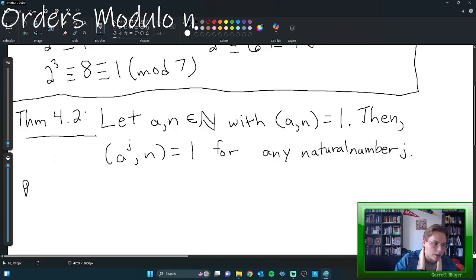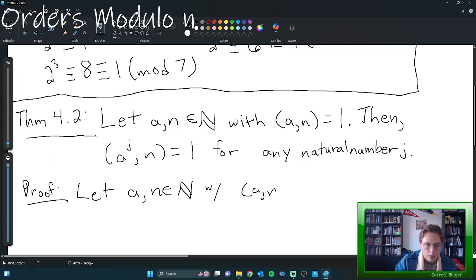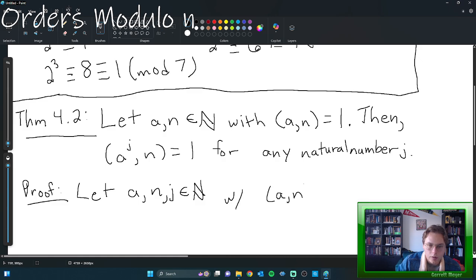Okay, so for our proof of this, we're going to start by letting a and n be natural numbers with GCD of a and n being 1, and we'll define j as well. So a, n, and j are all naturals with GCD of a and n equal to 1.